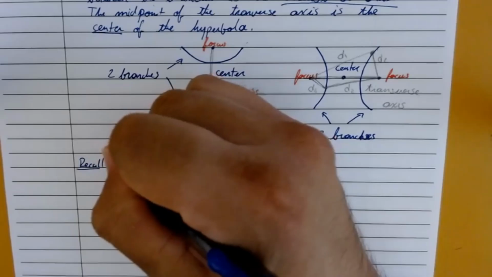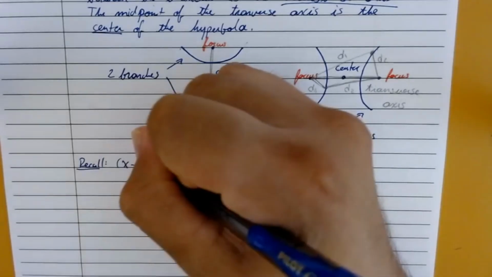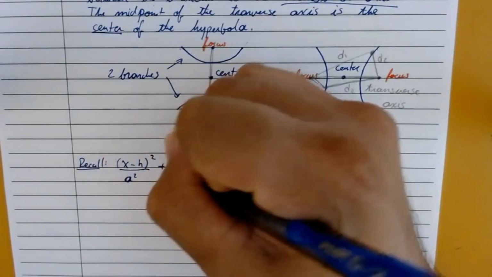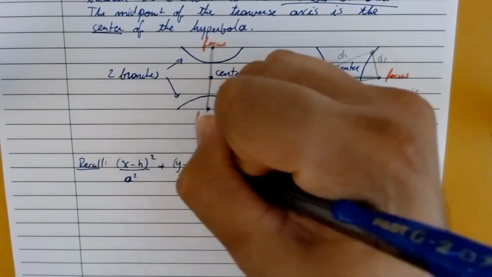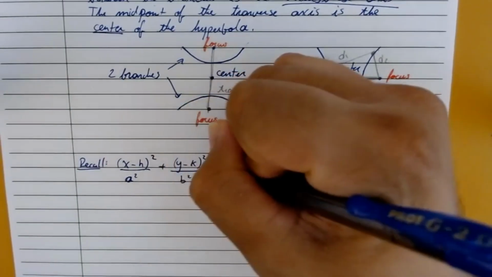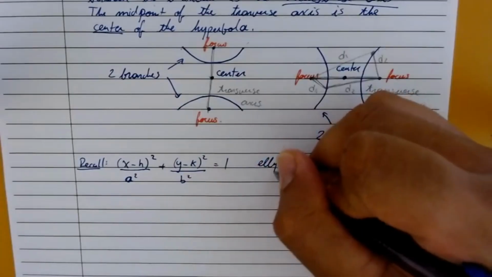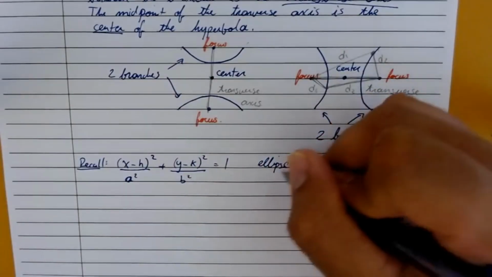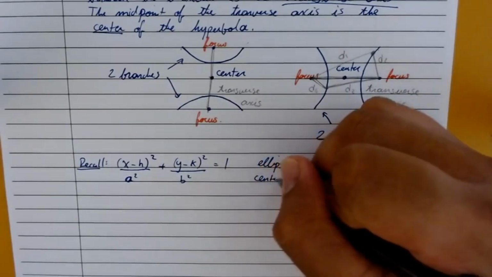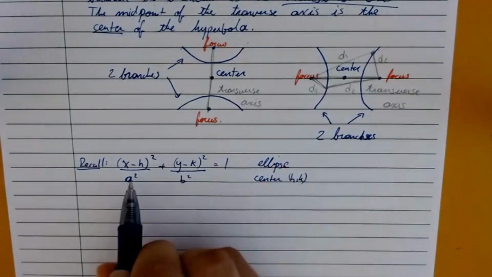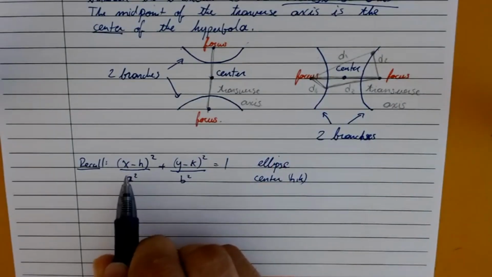So here, recall that if you have x minus h squared over a squared plus y minus k squared over b squared is equal to 1, this was an ellipse with center given by h comma k, with a major axis that was 2a units across, or another way to say that was that a was the distance from the center to a vertex.